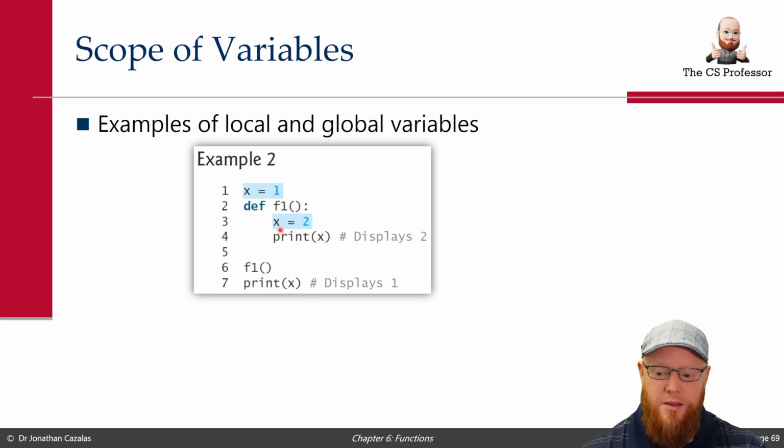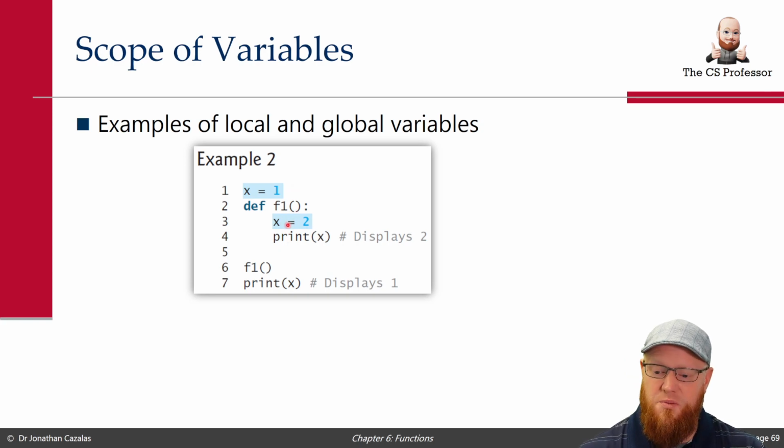On line 3, we are making a new variable, a local variable, inside this function, and we're setting that local variable x equal to 2. So when we print x, we're printing the value of this local variable. Once this function finishes, and we come to line 7 and print x again, what gets printed is the global variable x, and therefore it prints 1.